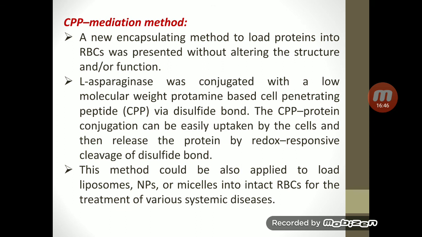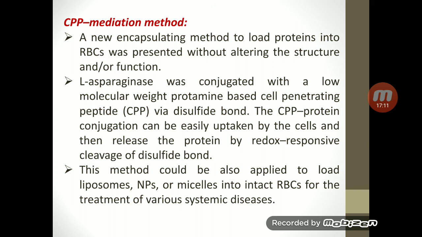In this, L-asparaginase is used as a conjugate with a protamine based cell penetrating peptide via disulfide bonds. The CPP protein conjugate can be easily taken up by the cells and then release the protein by redox responsive cleavage of the disulfide bond.